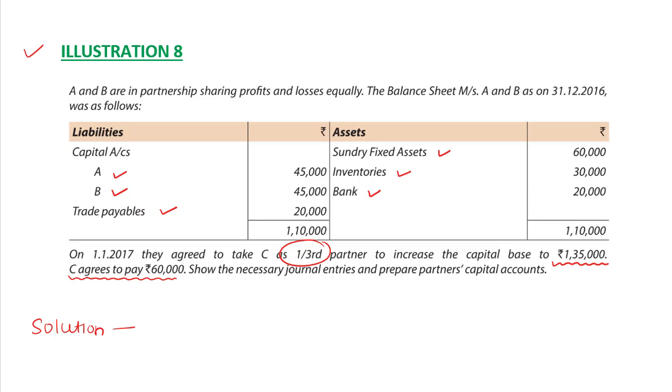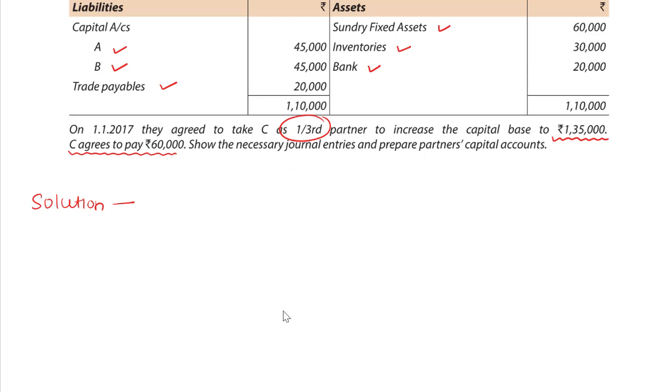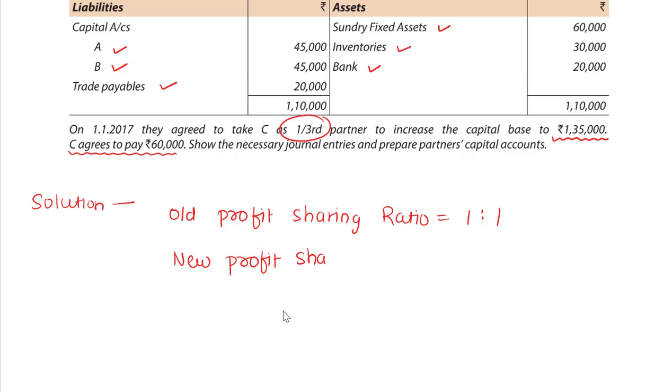Solution. Old profit sharing ratio equals 1:1. New profit sharing ratio equals 1:1:1.